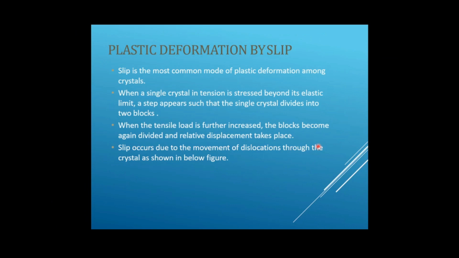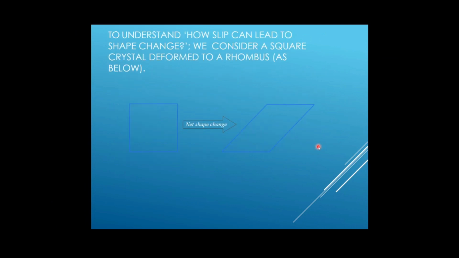That is what is meant by slip. Slip occurs due to the movement of dislocations through the crystal. In this diagram, this is the original shape, and this one is the shape produced by the slip. The net shape change is known as slip.